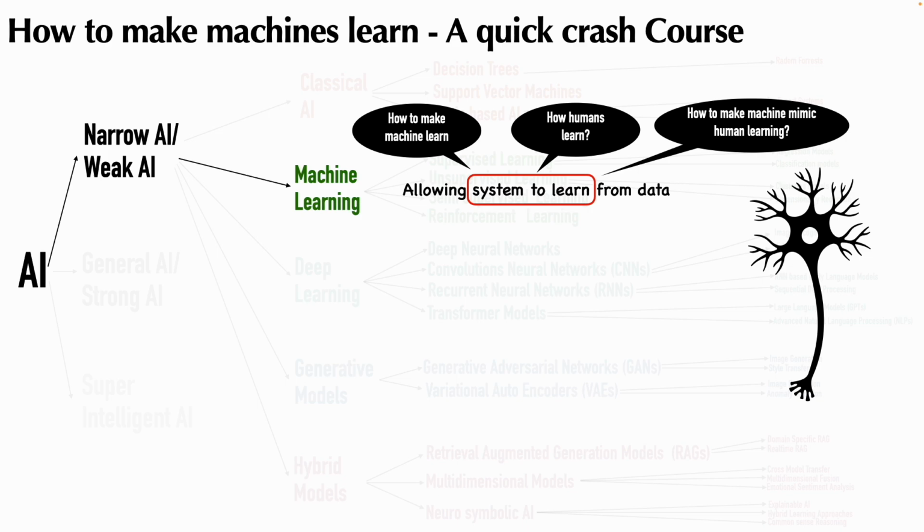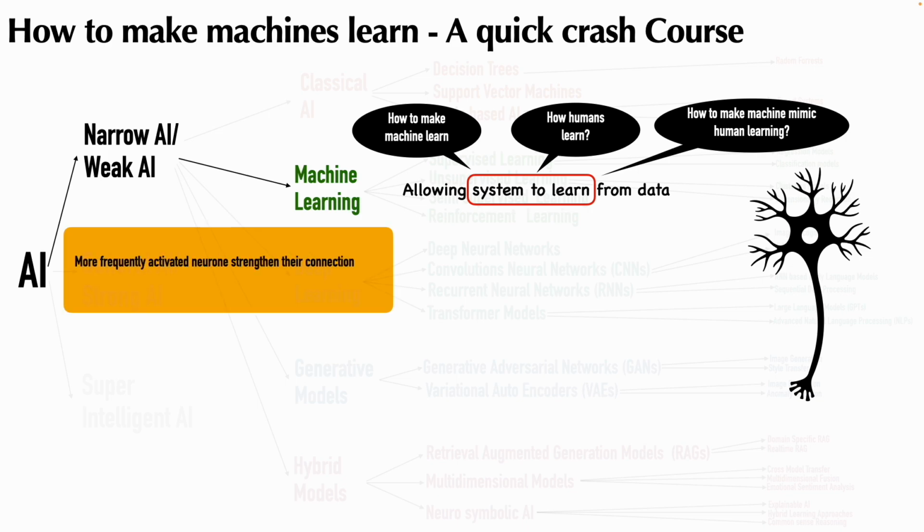Well, what exactly happens in the neuron when we are trying to learn? As per the neuroscientists, as more and more frequently activated neurons fire together, their connection strengthens. So, when you are trying to learn a particular skill, and you are constantly activating a certain set of neurons and neuron connections, then they become more efficient at firing, and that is in a way learning.